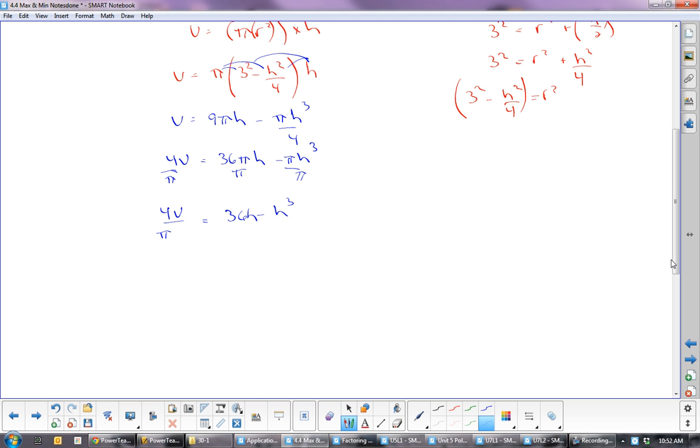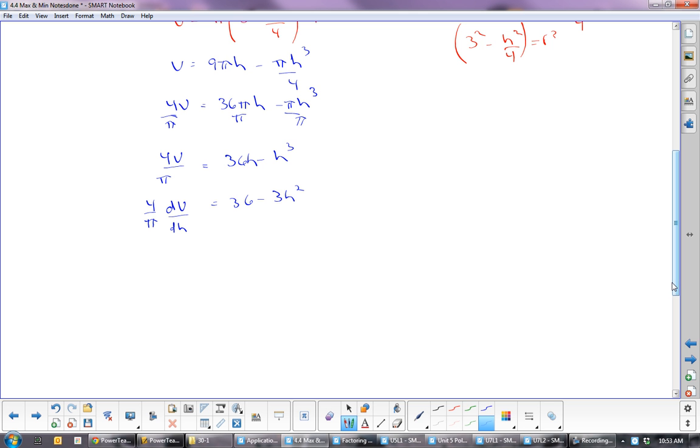Derivative. So this would be 4 pi times dv over dh equals 36 minus 3h squared. So that's my derivative. This would be a negative 3h squared, so it does make sense that we're doing a max with this one.